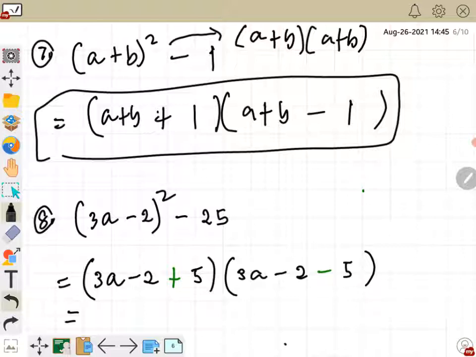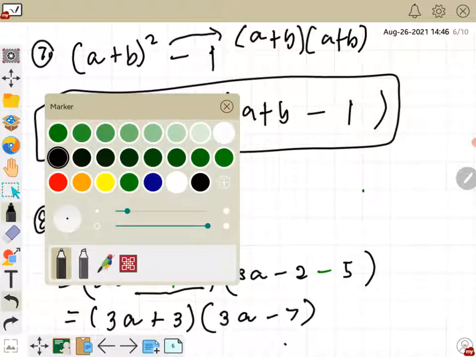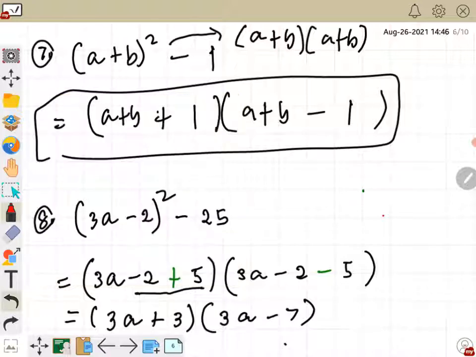Now the thing is, we can still simplify this portion. So that is 3a plus 3 and 3a minus 7. Notice here that we can further factor 3 and 3.